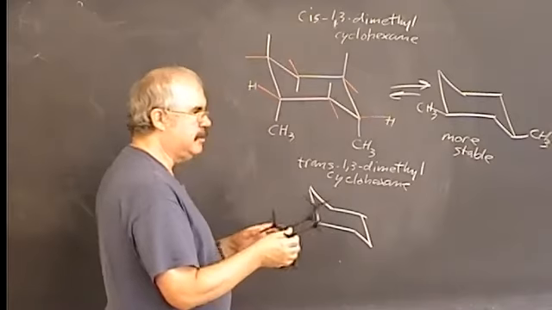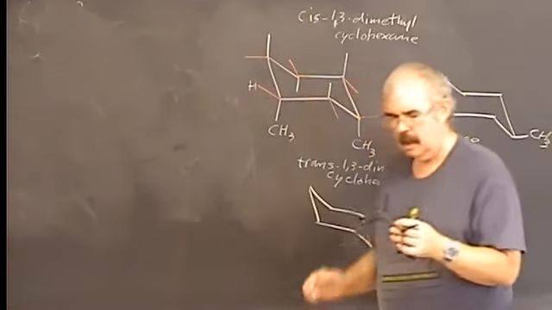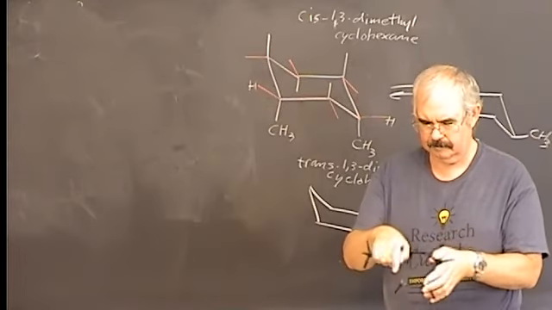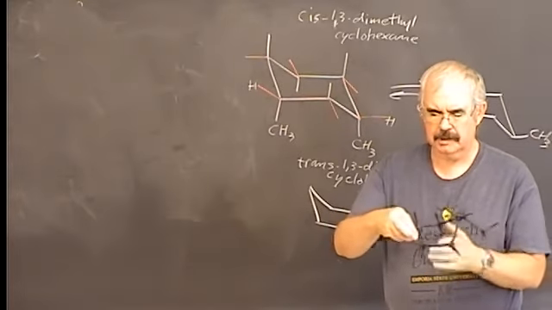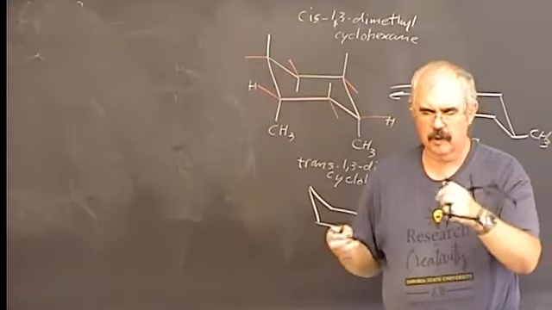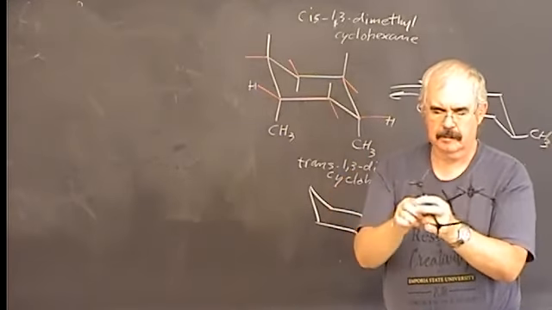All right, so to make the trans, I've got the cis right here. And so what I need to do is I'll take one of these, remove it, and put it on the other position, like that.